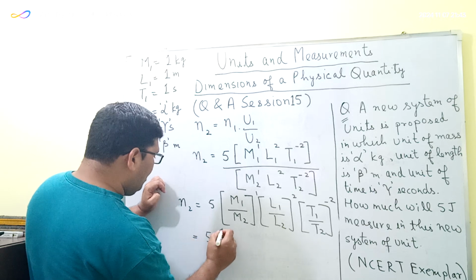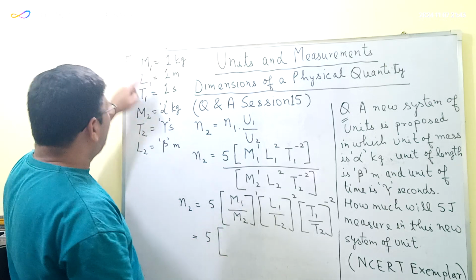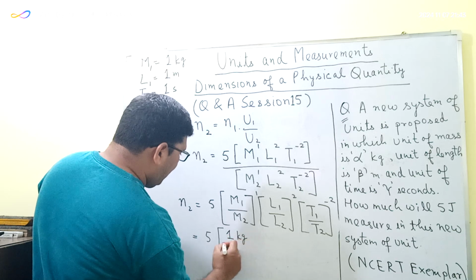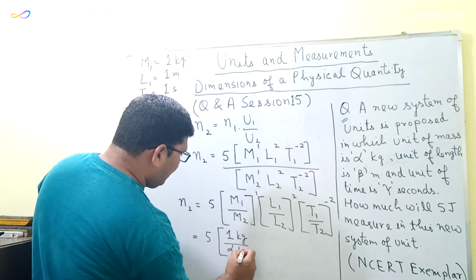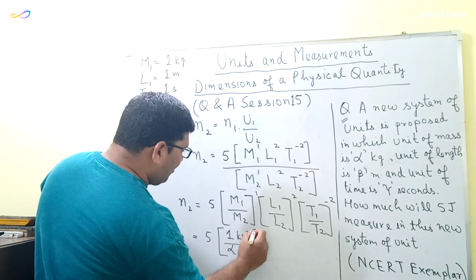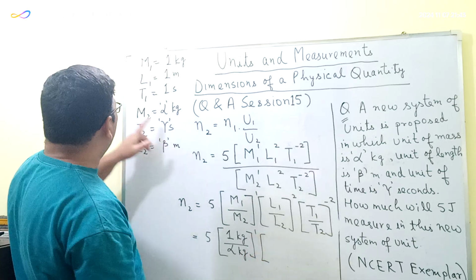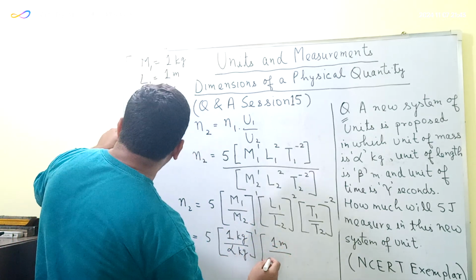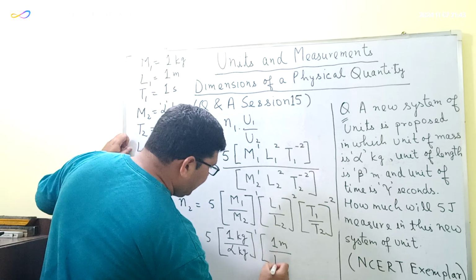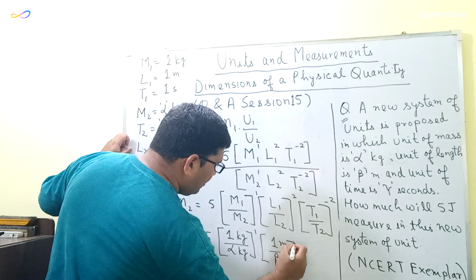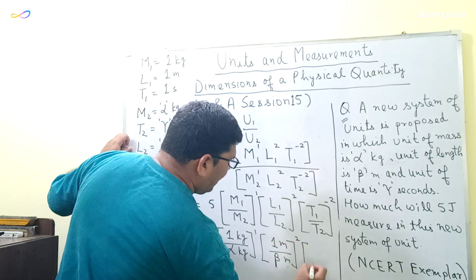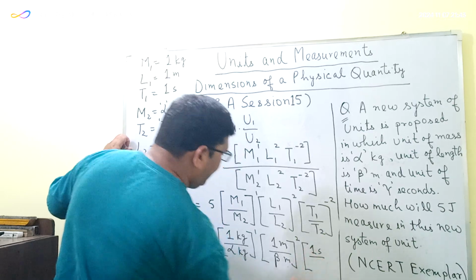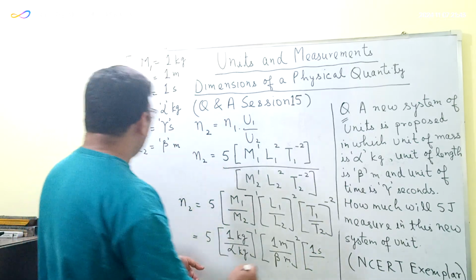So this will be equal to, now here M1 is equal to 1 kg, so 1 kg, M2 is equal to alpha kg to the power 1, L1 upon L2, L1 is equal to 1 meter, L2 is equal to beta meter to the power 2, and T1 is equal to 1 second, and T2 is equal to gamma seconds.